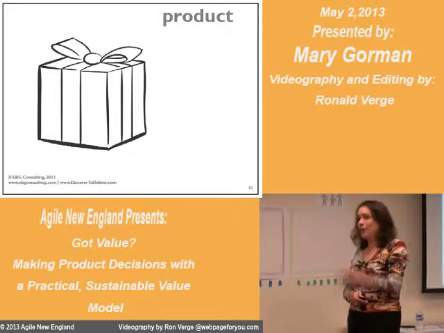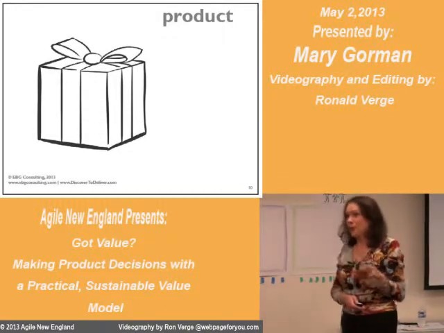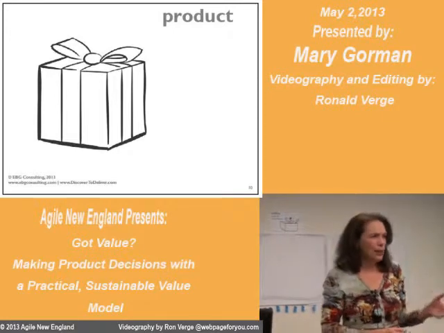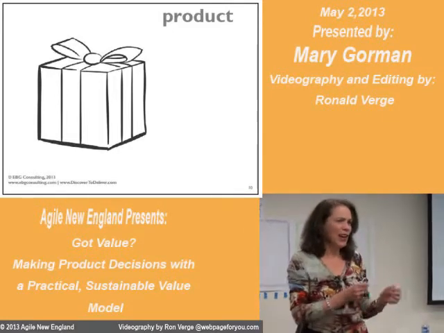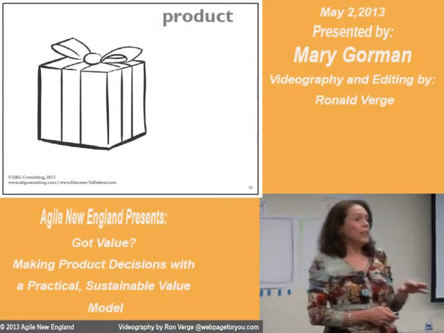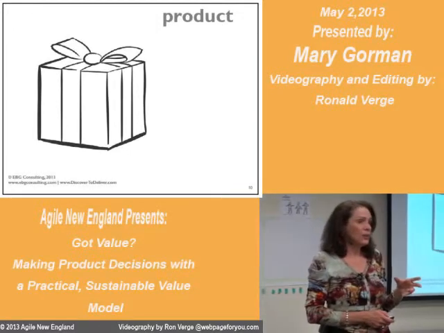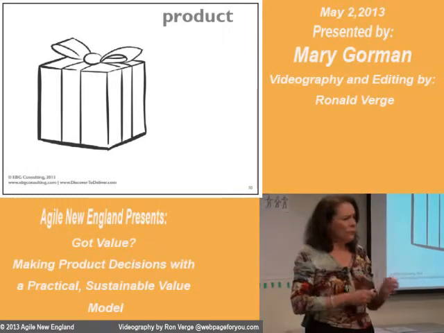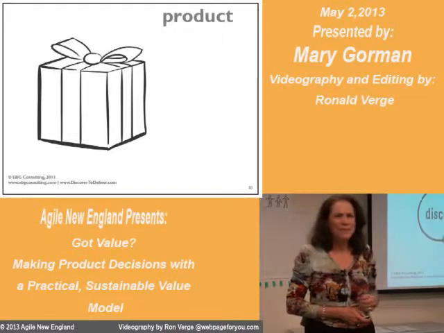I started out a few hundred years ago as a programmer, and the products we created, we didn't put a ribbon around them. We didn't tie them up prettily. So the idea is to get a better understanding so we are delivering this high-value product, and maybe wrap a ribbon around it because it's so nice.